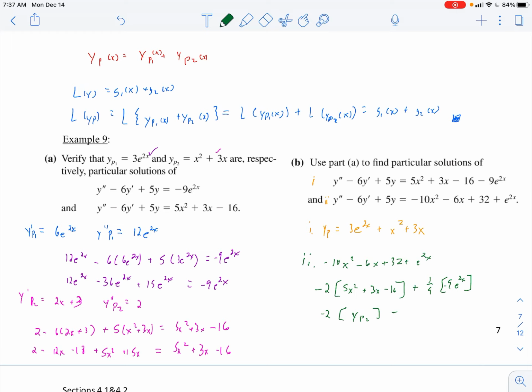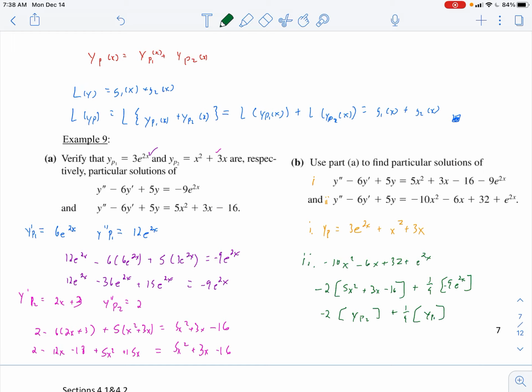Actually we'll just keep that positive because we want a negative on the inside. So we have minus, and then we are left with plus 1/9 times y sub p of 1.